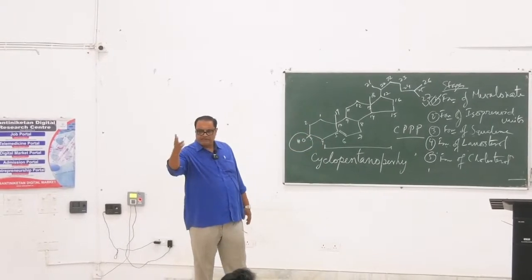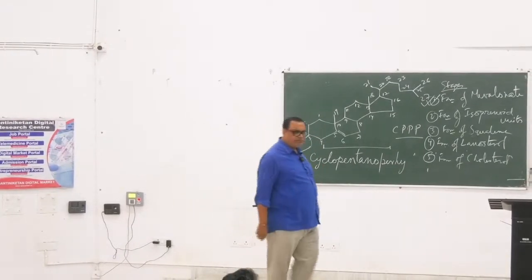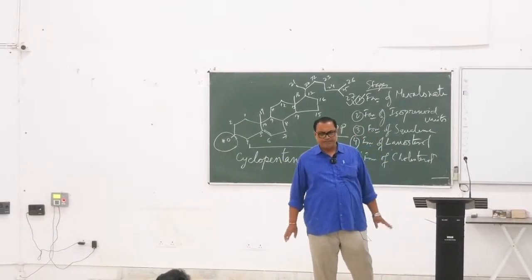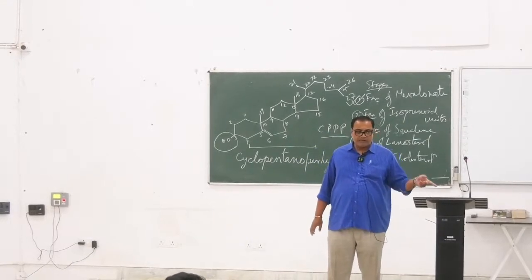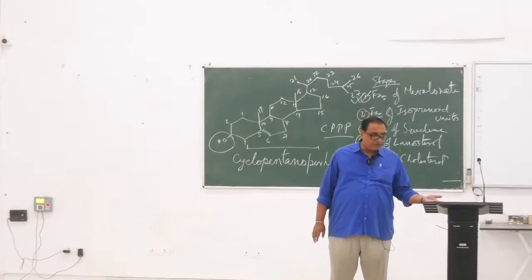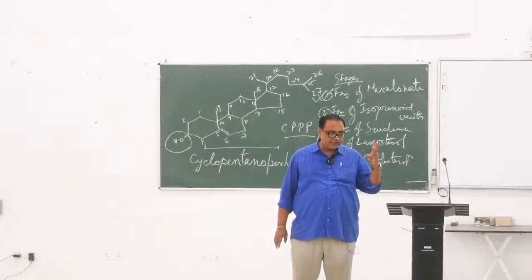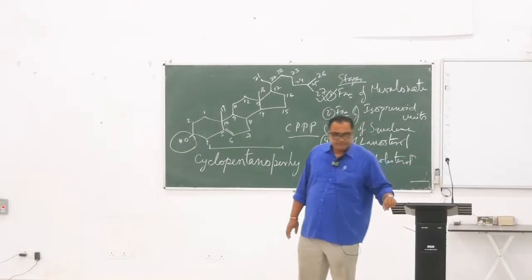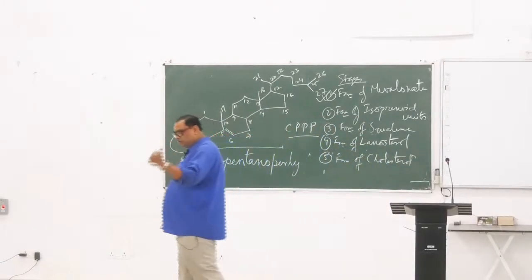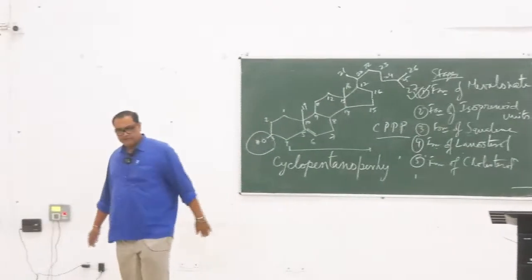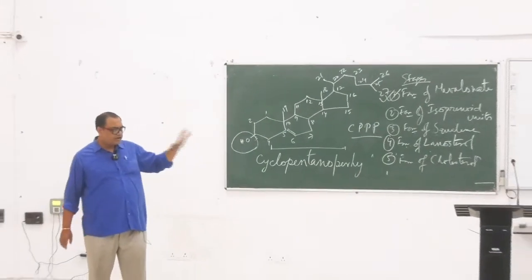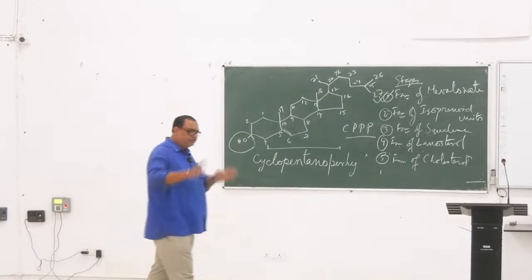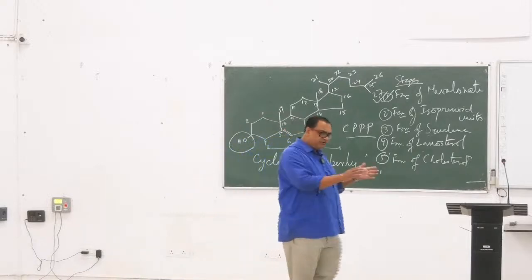So 3 molecules of acetyl CoA combine to form 1 molecule of HMG CoA. Then the next stage is a different pathway, into a different pathway.